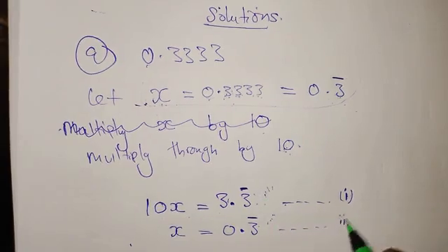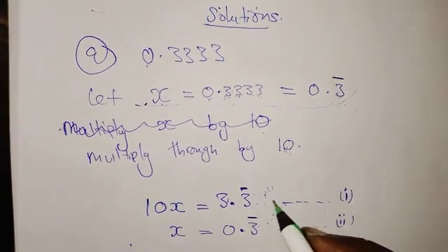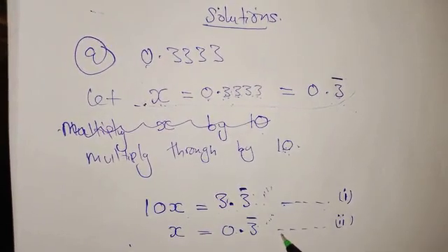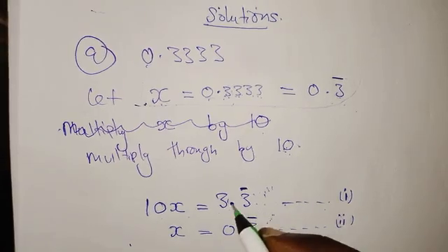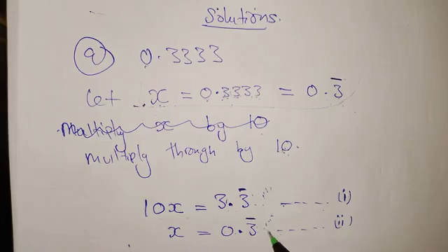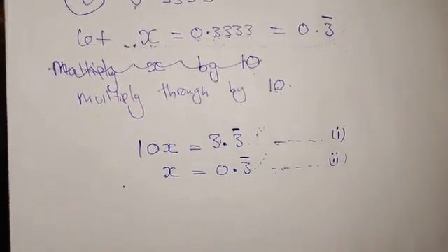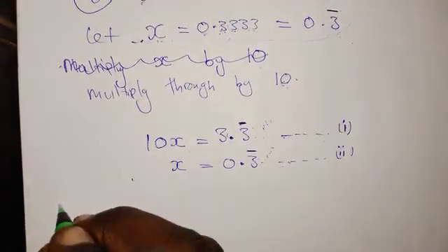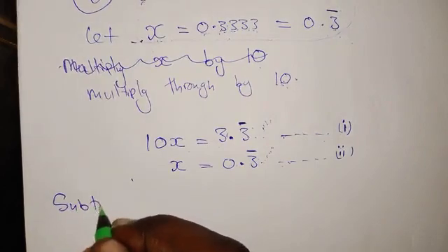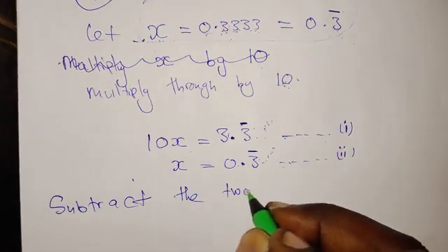The first expression has 3.3 repeating and the second has 0.3 repeating. After the point I only need the same repeated numbers. So I have 3 repeating in the first expression and another 3 repeating in the second expression, which qualifies. So from there now, I'm going to subtract the two expressions.